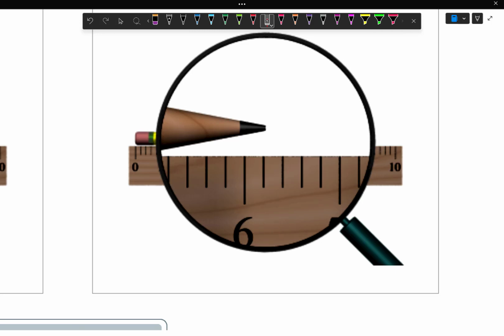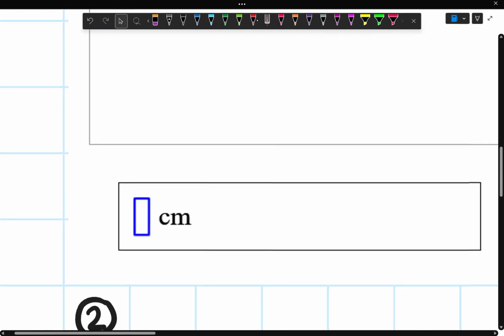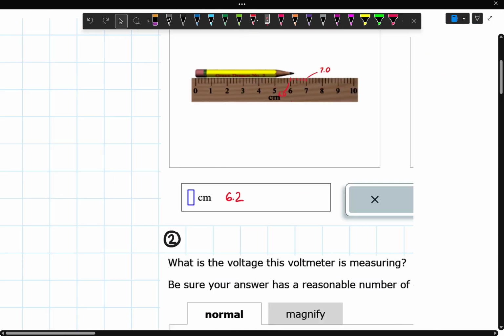But don't fall into that trap, especially with ALEKS, because that will be marked wrong. 6.19 is too accurate and would be incorrect in this situation. So you want to select the most reasonable value that you can clearly see, and in this case that is 6.2. So 6.2 is what you would enter for that one.